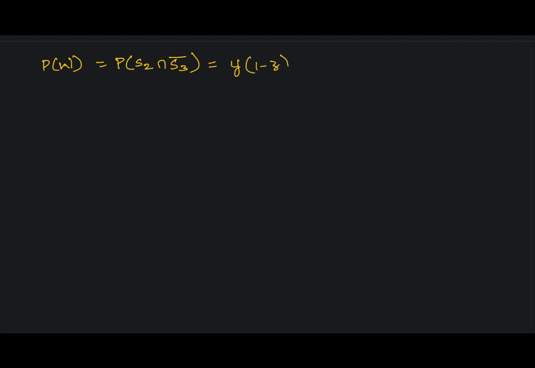So probability of W equal to probability of S2 intersection S3 bar, which can be written as y multiplied by 1 minus z. And it is equal to 1 by 12 as given in the question. Now we name this equation number 4.